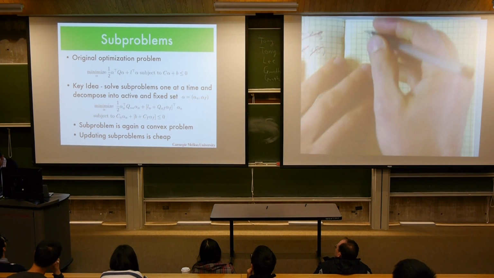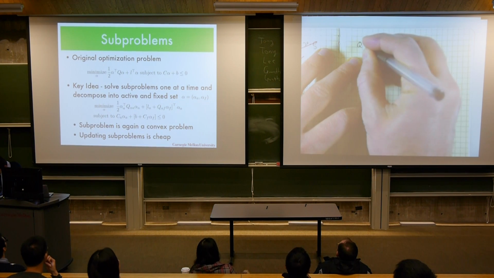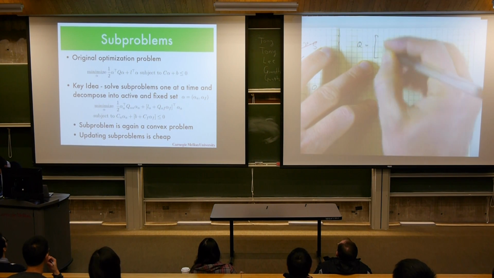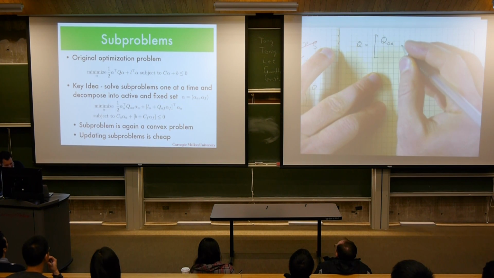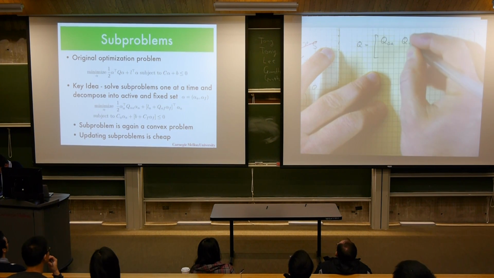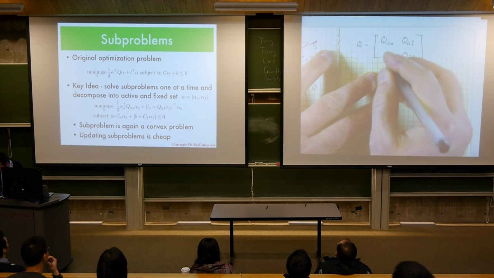Yes, so let me explain the notation at least. So Q is a matrix: QAA. With A I mean active and with F I mean fixed. I have QAF. I have QFF. Okay, what needs to go down here?